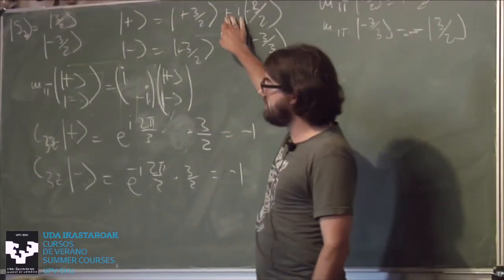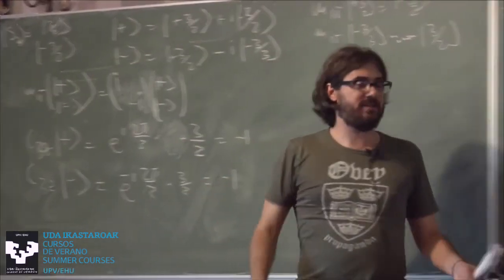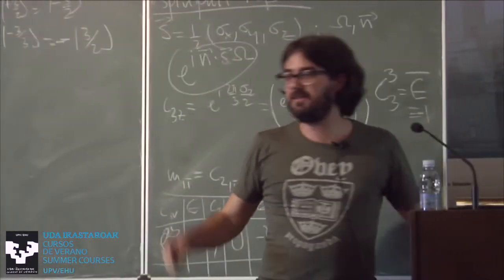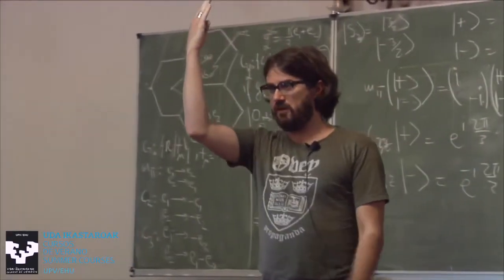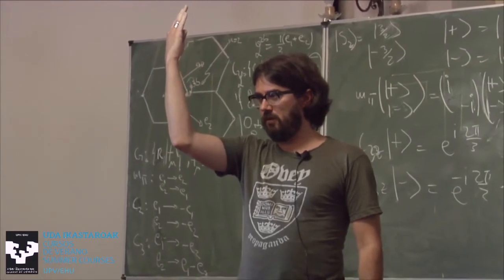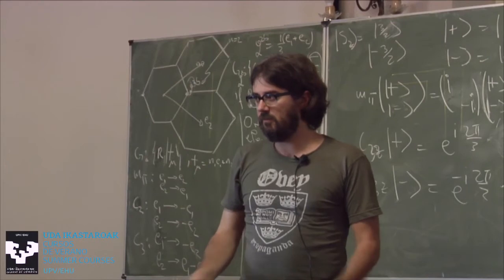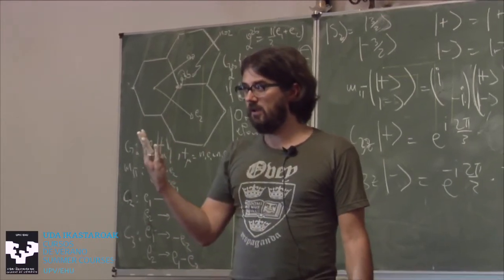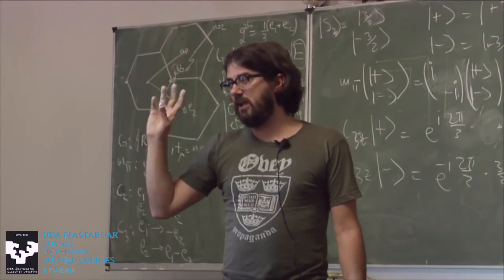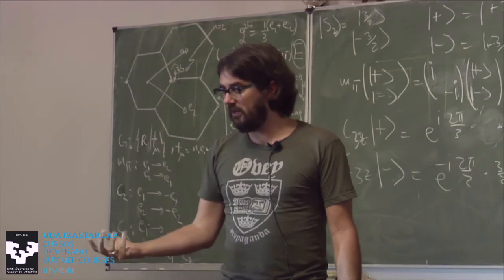So you can see that these states are diagonal under both mirror and C3. And this is very easy to understand. These are spin 3/2 states. Okay? The difference between spin 3/2 up and spin minus 3/2 is what angular momentum? 3/2 minus minus 3/2, 3. A C3 rotation cannot distinguish angular momentum 3.